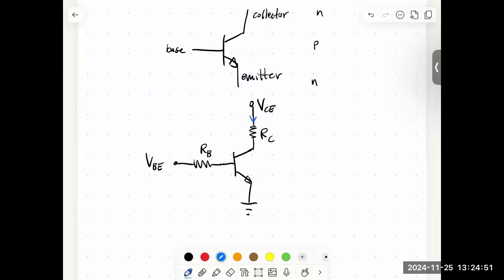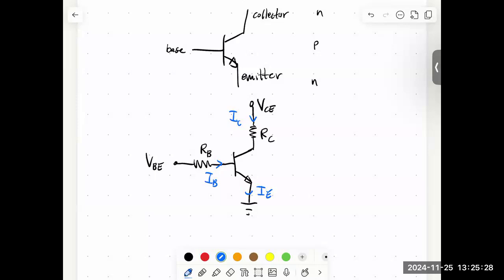If I was to draw the currents, we would have I collector, I base. We labeled those on our previous diagram. I'm going to now label the third one, and this would be the emitter current. Just looking ahead, we're going to use a Kirchhoff junction rule, which says all the current into a junction has to be equal to the current flowing out. So we have current I base and I collector flowing into our transistor and I emitter flowing out.